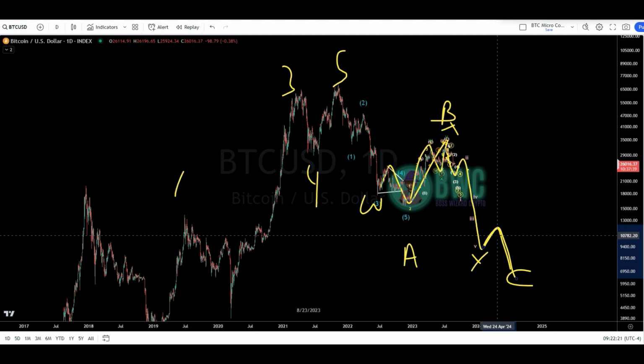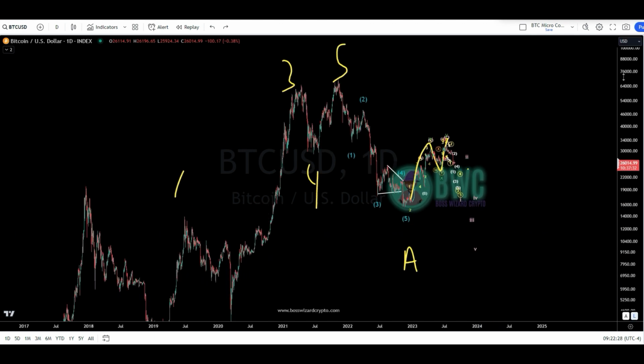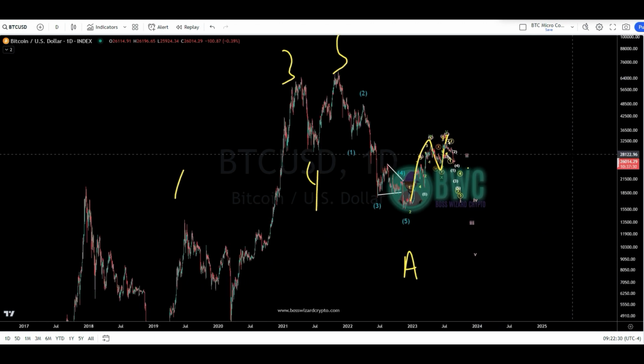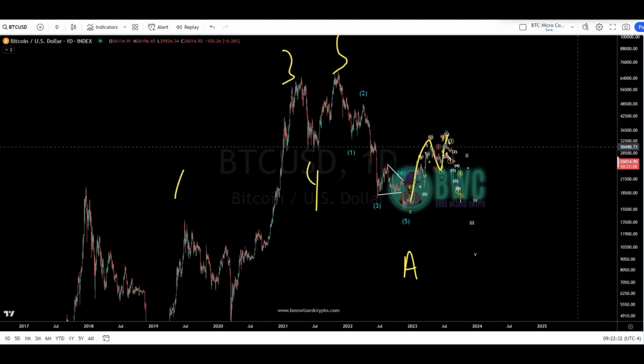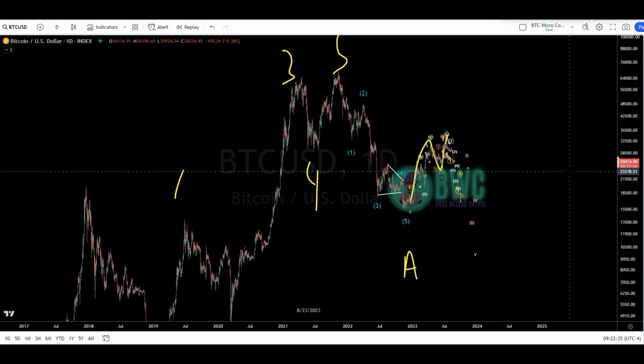That's my recommendation to all y'all budding Elliotticians out there: look for the simple pattern first. Not everything has to be a combination. In fact, it's rarely a combination.